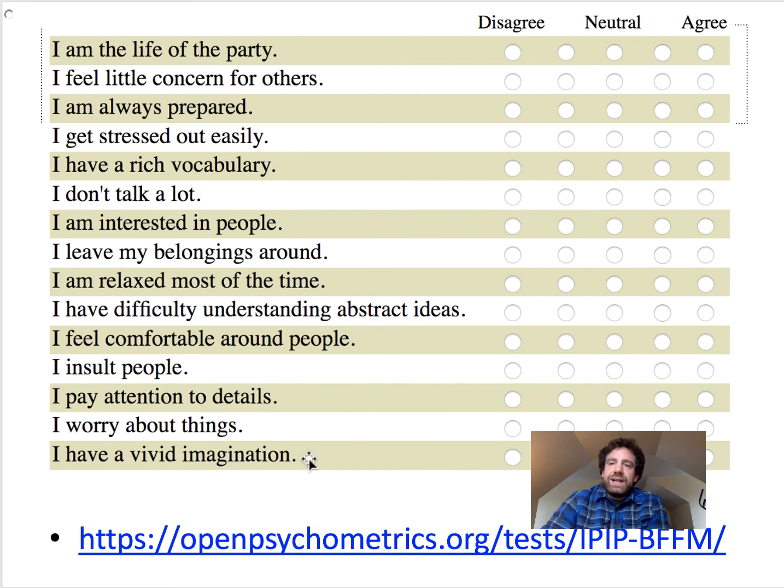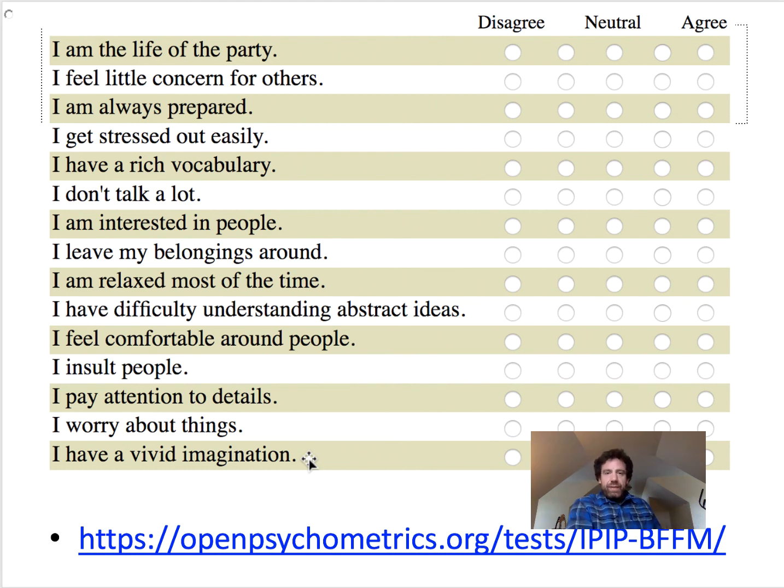So they can say, all right, going forward, when someone takes this test and indicates that they have a very vivid imagination, since we found that correlates with violent behavior, we're going to be less likely to hire those people. Or we're going to flag them and not hire them unless we have to.